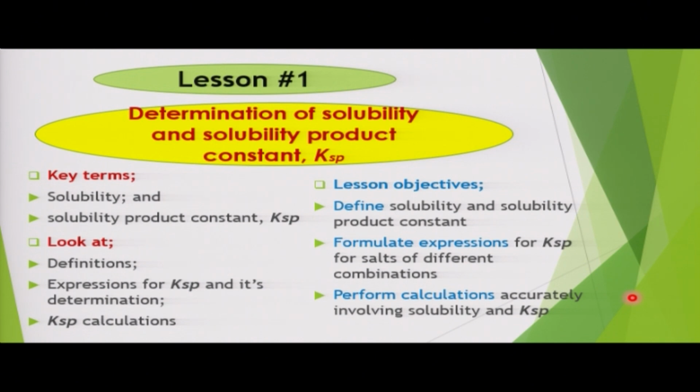So that is what I mean when I talk of different combinations. Then the third objective is to perform calculations accurately involving solubility and the solubility product constant, KSP. Those are the objectives that we are to work on in this lesson.